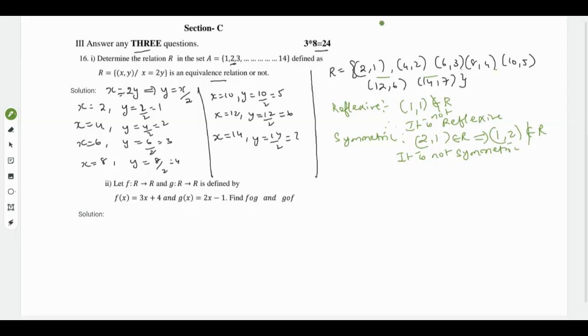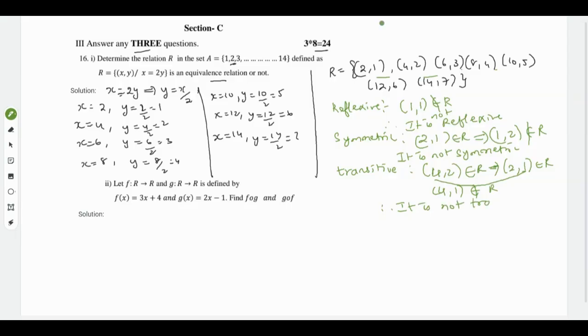Then the last, transitive. For transitive, you can take (4,2) and then (2,1) belongs to R, which means the first and last elements should also be there. (4,1) should belong to R, but here it is not there, therefore it is not transitive.